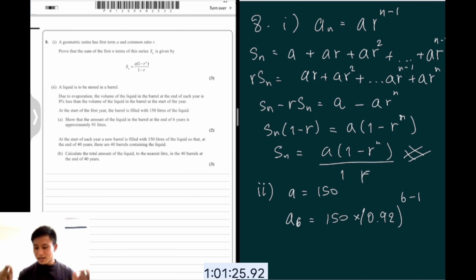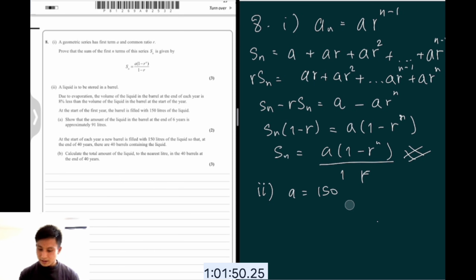What would make this work is if they said at the end of the first year instead. So this is where geometric series can be confusing for people. So I'm just going to do 7 minus 1 there, all right? Just to make it 6 basically.